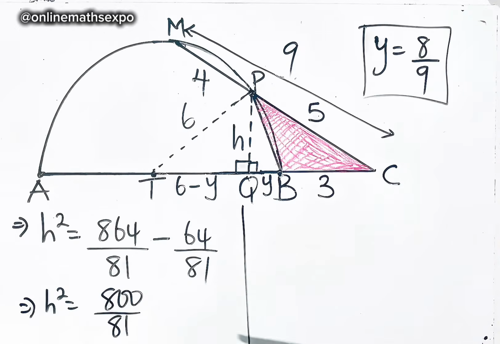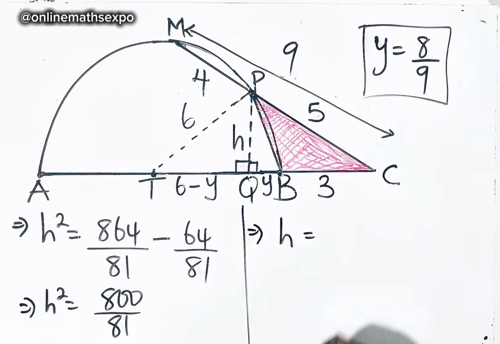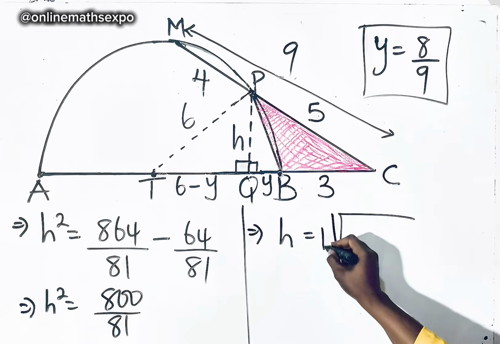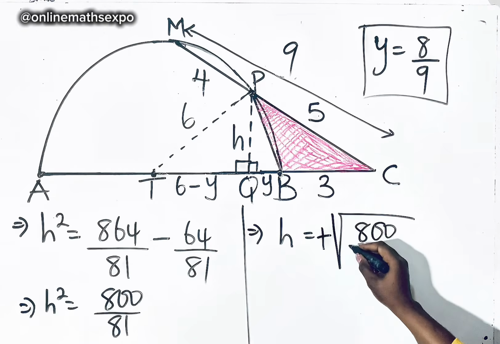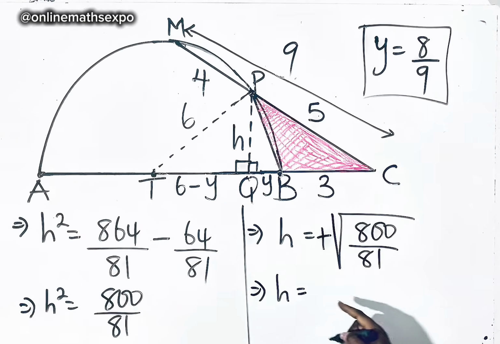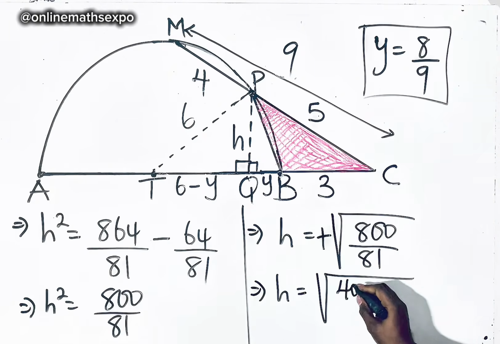To simplify, we are going to take only the positive square root because the height can't be negative. So we take the positive square root of 800 divided by 81. The square root of 800 is the same as 400 times 2 over 81.